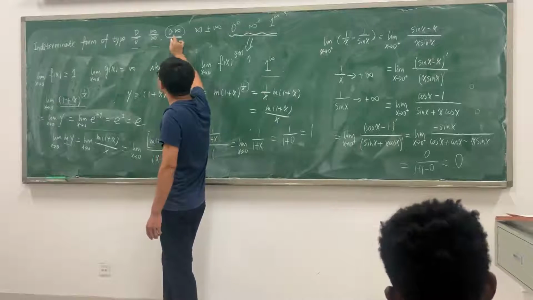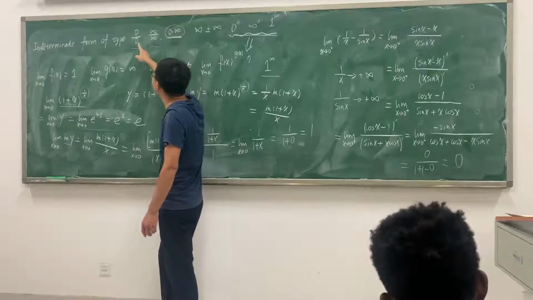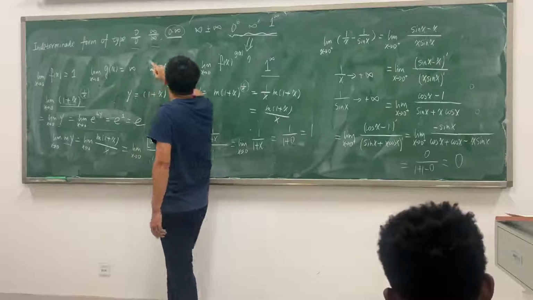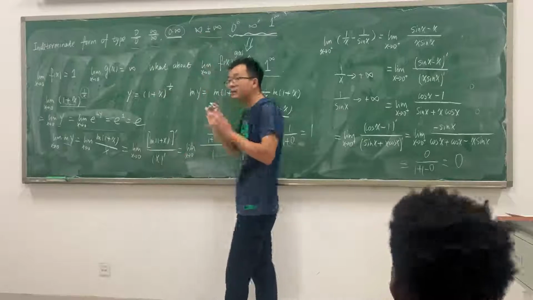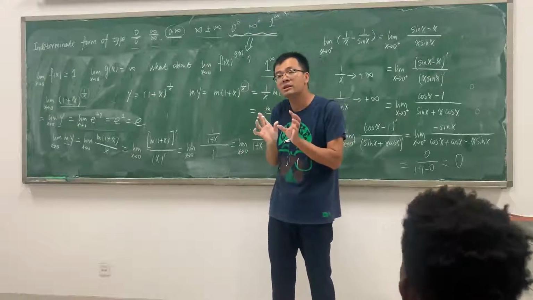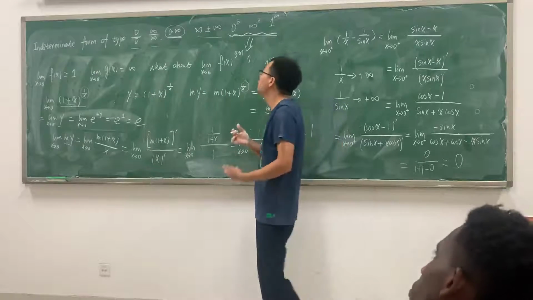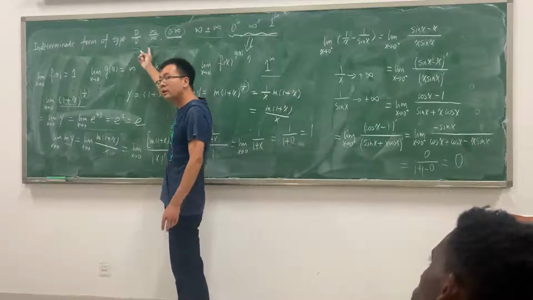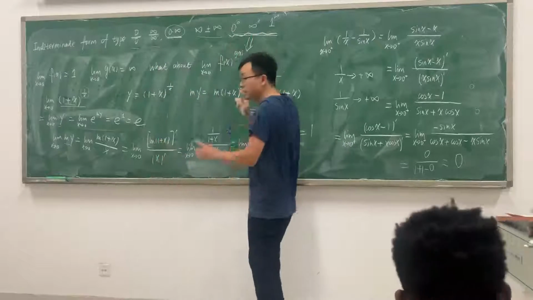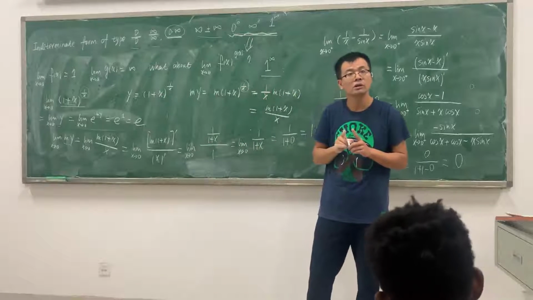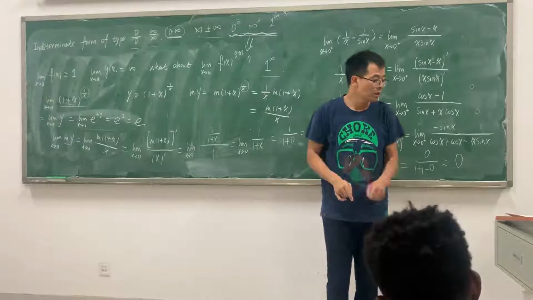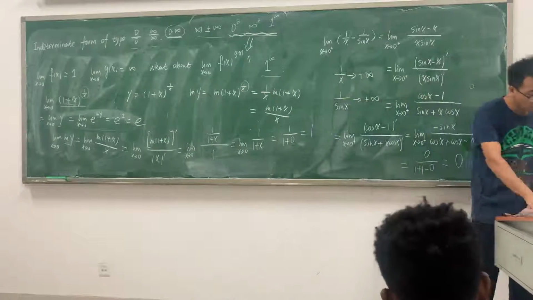For this one, transfer it into these two. For this one, make them have the same denominator, and then use L'Hopital's rule. And for this one, take the ln function. So this is all the content.